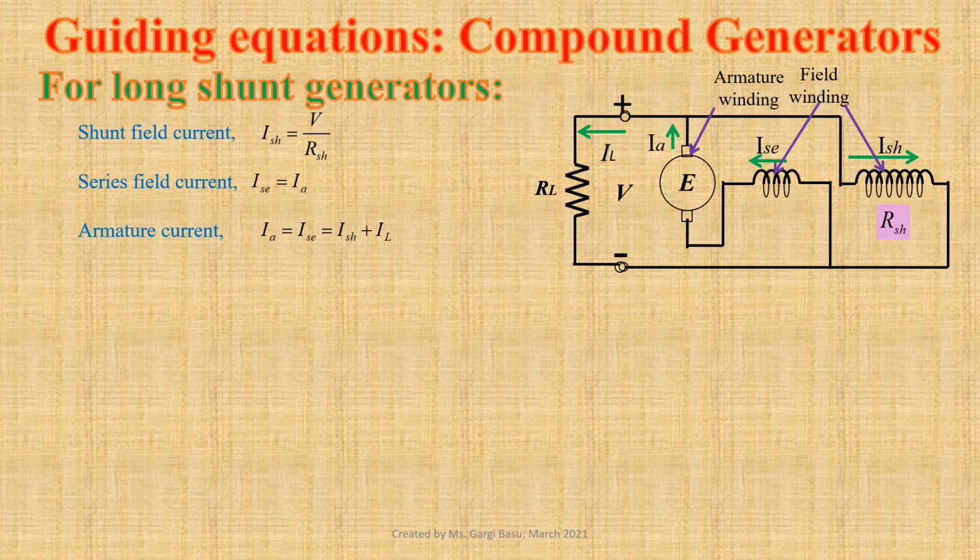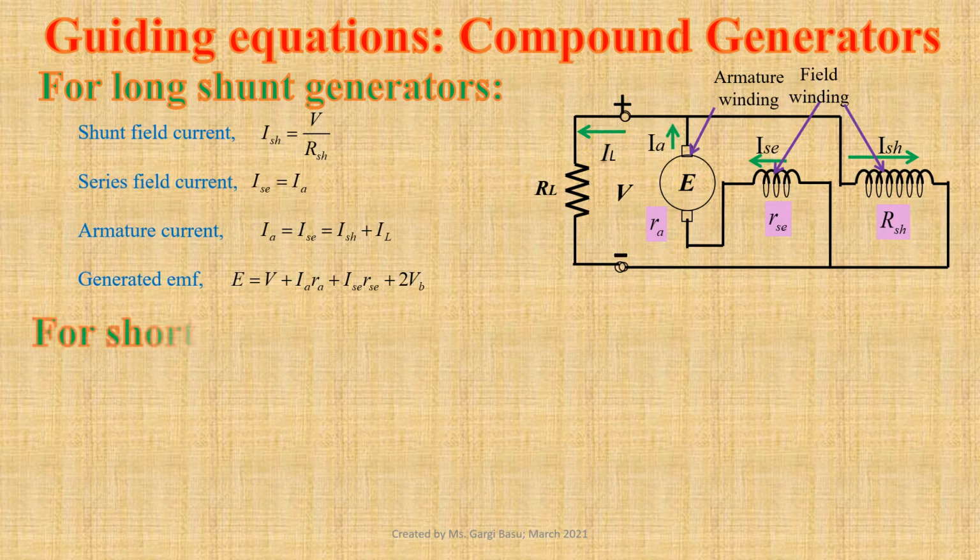Applying Kirchhoff's voltage law to the output loop, we get the expression for generated EMF E equals V plus IA RA plus IAC RAC plus twice VB, where RA and RAC are resistances of armature and series field windings and VB is the contact drop per brush.